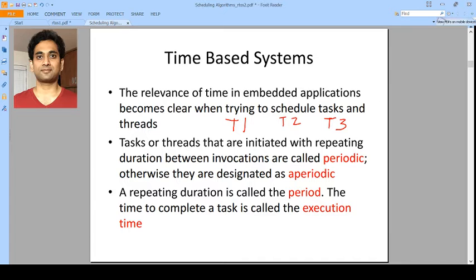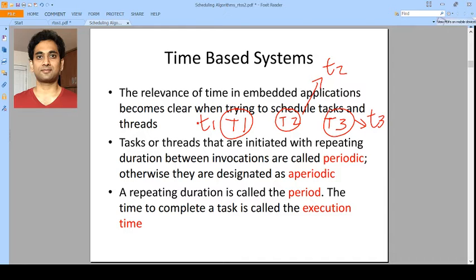Each of these tasks has a certain amount of time needed for completion. So the amount of time needed for completion is little t1, little t2, and little t3.